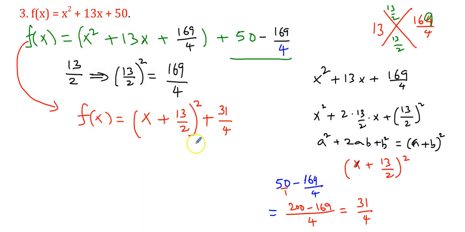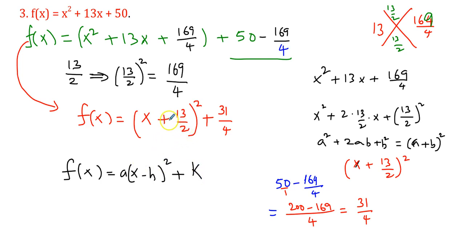Now, this is in your vertex form. What is my vertex form of a quadratic function? f of x is equal to a times x minus h whole square plus k.